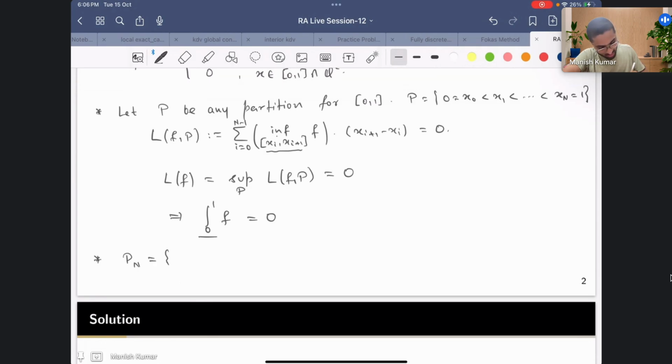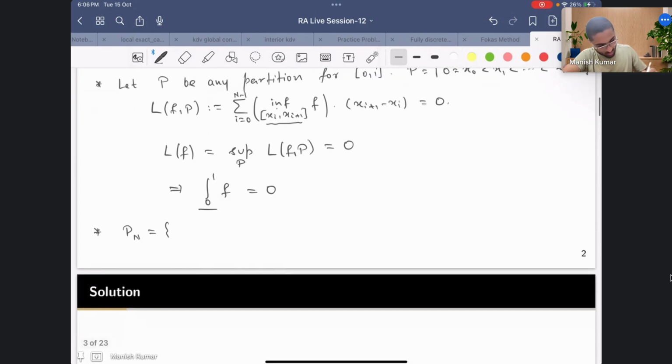This is nothing but 0, your x0, and then the next one would be 1 by n. Let me draw it first. I'm choosing some natural number n, on the interval [0,1].